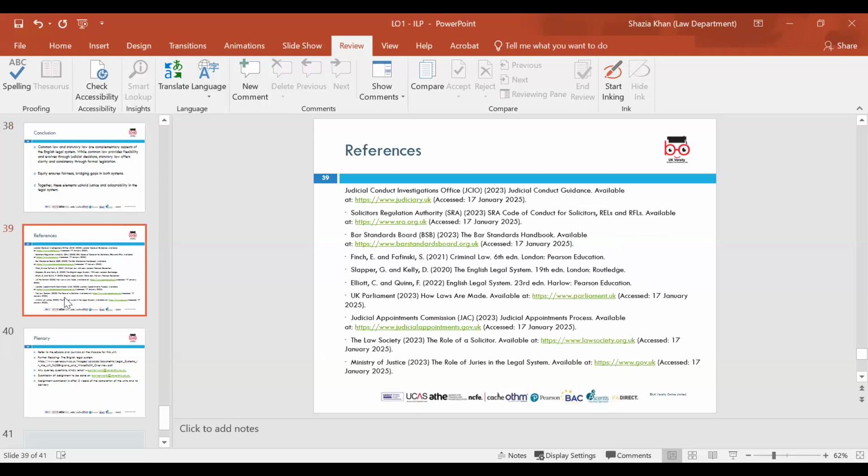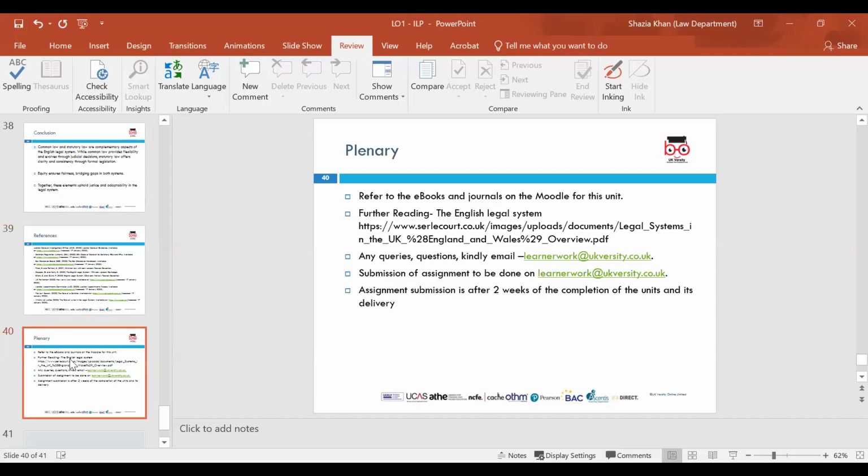These are the references that you can rely on as well if you have any issues. The links are there, and these are the references that you could use that we've looked at for learning outcome 1. And additional resources are available on Moodle. So there are ebooks and journals on Moodle for this unit, and there's a link there to a document that is quite interesting.